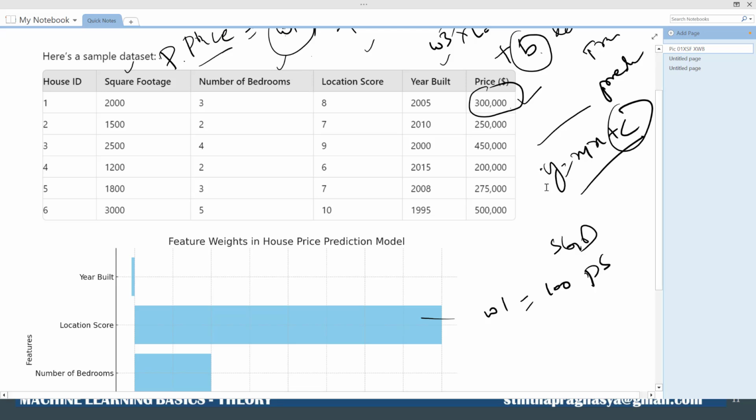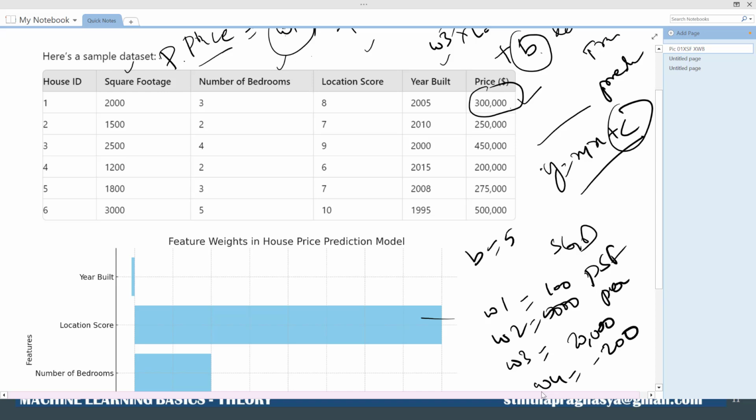So this is per square foot, and then weight 2 will be something like 5,000. This is per bedroom, and weight 3 is for location, right? So 20,000 per location, and weight 4 is per year. So this will be 200 per year since the house was built, and then we will have the bias. Let's assume 50,000. This is the bias term.